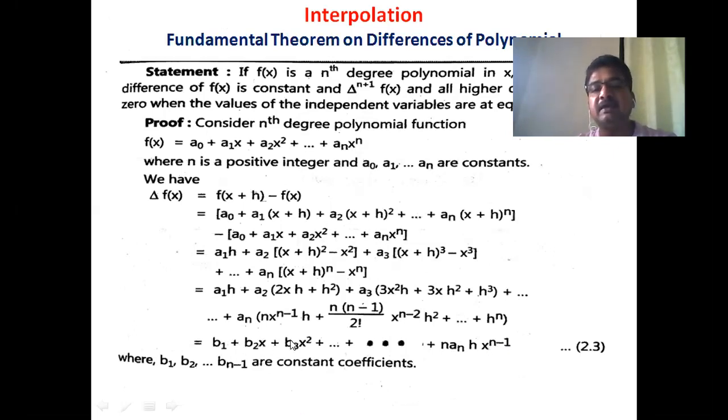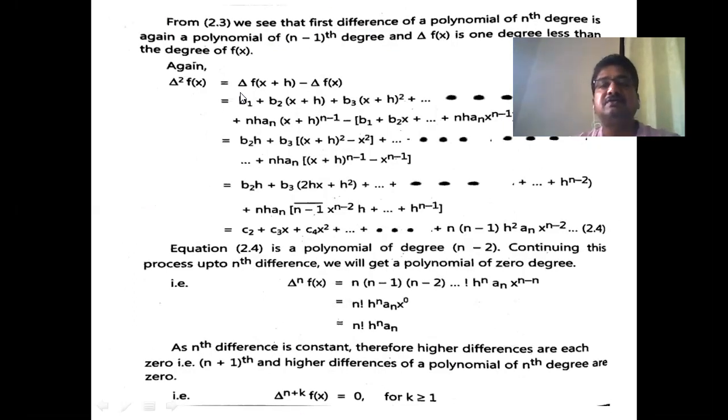Replace x by x plus h. So b1 plus b2 (x plus h), b3 (x plus h) square, and so on, plus n hn (x plus h) raised to n minus 1.